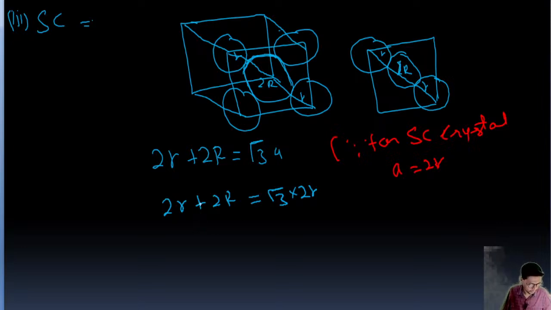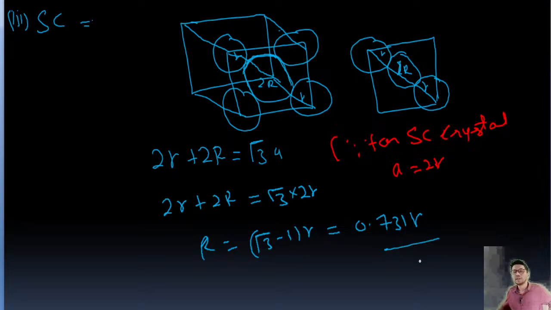From here the 2 will get cancelled, and the value of capital R is going to be root 3 minus 1 into small r, which is 0.732 r. This is the maximum radius that can be fitted between the atoms of the simple cubic crystal. So we have now made these three questions.